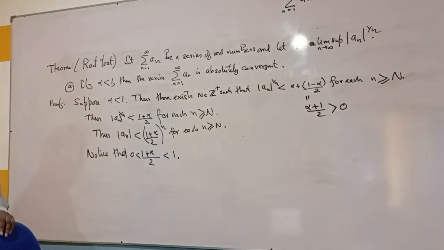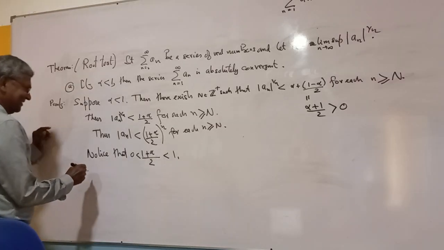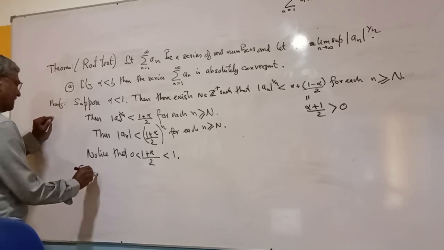The sum of ((1 plus alpha) divided by 2) to the power n converges. Why? Because it's a geometric series and the common ratio is less than 1. Therefore, the series sigma from 1 to infinity of a_n converges absolutely.